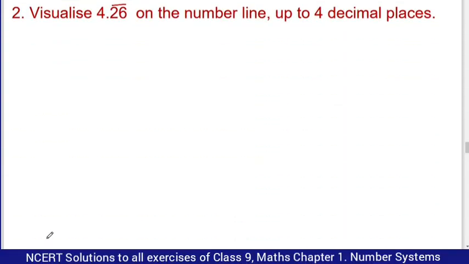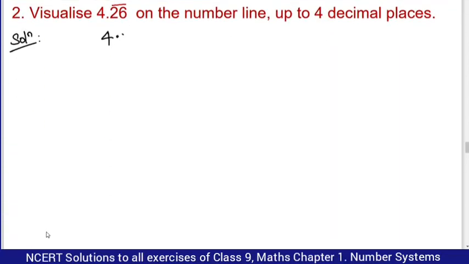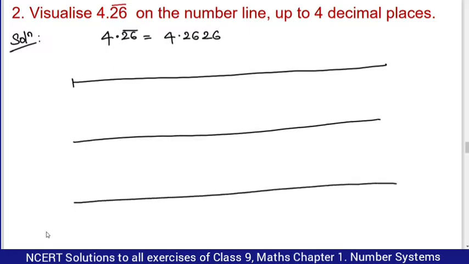Second question, visualize 4.26 bar on the number line up to 4 decimal places. Solution. So this 4.26 bar can be written as 4.2626. They have asked up to 4 decimal places. That's why we have written 4.2626.